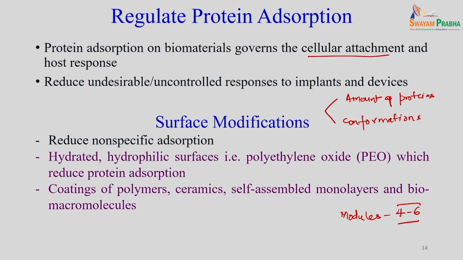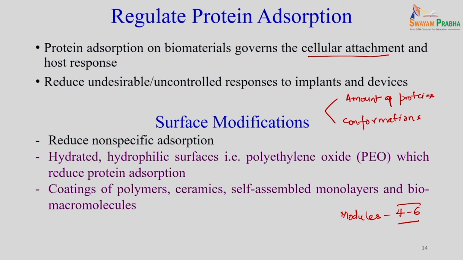Conformation means change in the secondary structure. So, if the protein has lost its conformation, it means its intended function is lost. In that case, the desired cell surface interactions will not take place, and it may lead to biofouling and the failure of the implant.